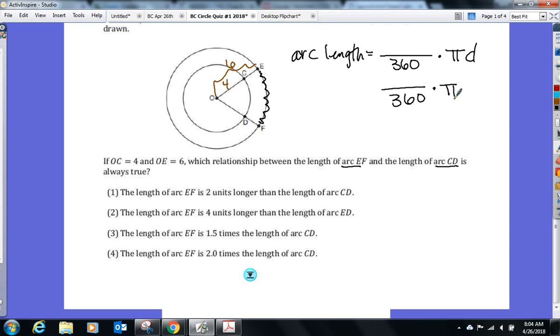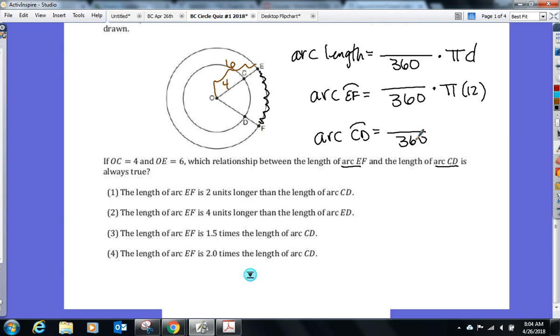What's the radius here? 6, right? So that means the diameter would be 12. So this is for arc EF. Let's go to arc CD now. I still don't know the measure, but does it really matter?